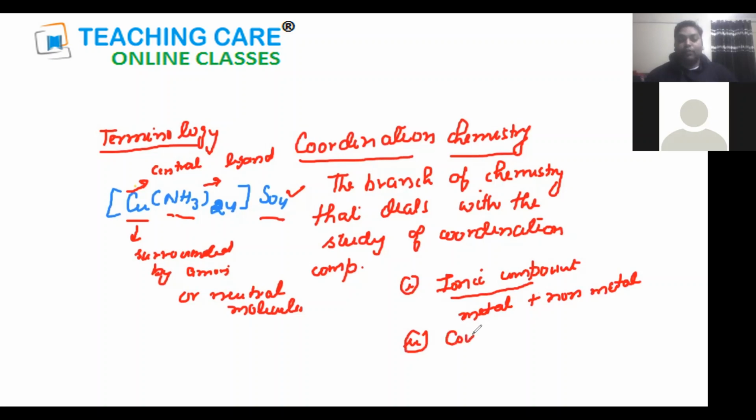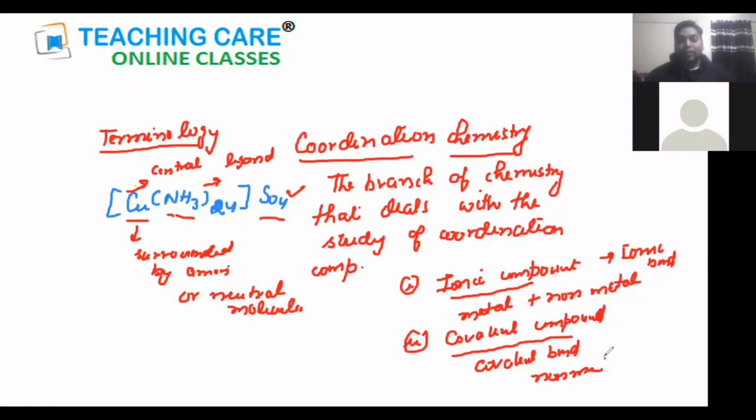Covalent compounds have covalent bonds between them, and they are formed between non-metals. There is no metal involved. These compounds are formed by sharing of electrons.